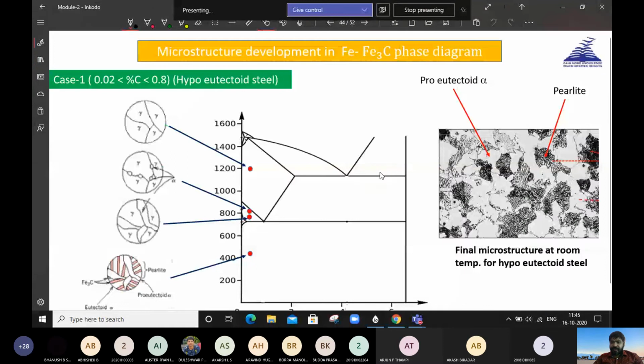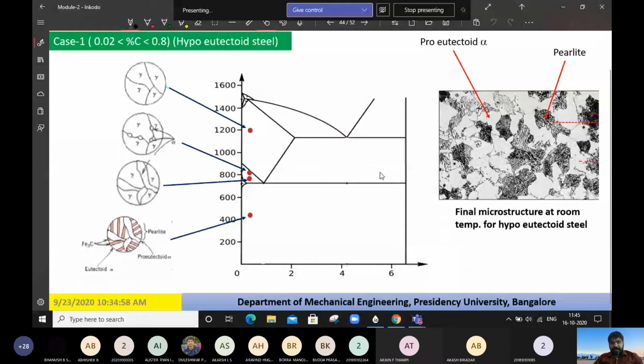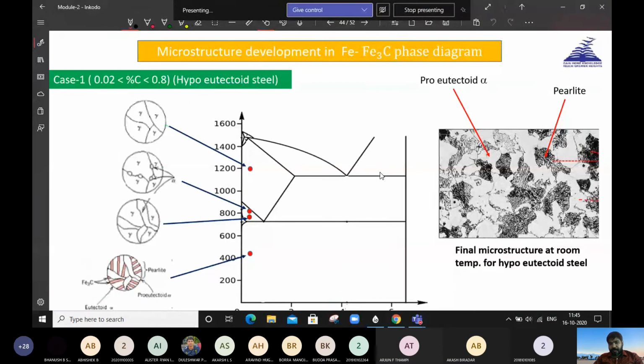Yes, the next topic is very, very important, and that is the microstructure development in the iron carbide phase diagram. So today I will give you just a very basic idea of how this happens, and in the next class we will look into the detail about this.